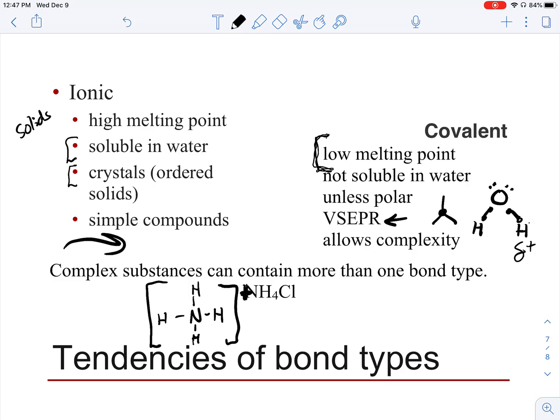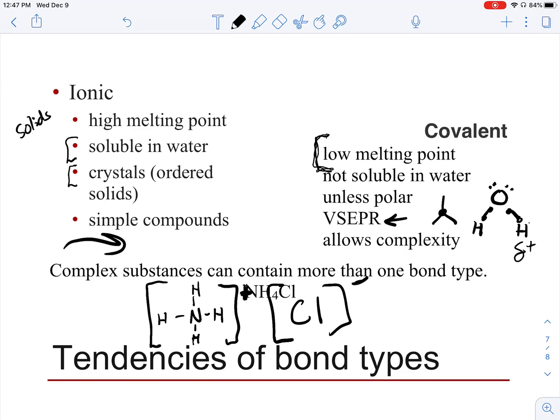Nitrogen normally wants to form 3 bonds. In this case, it has 4. And so in order to kind of make this work, it gives up an electron. The chlorine, however, as we know, would be the one that wants to receive that electron. So while the nitrogen and hydrogens are all covalently bonded together, the ammonium group is ionically bonded to the chlorine.